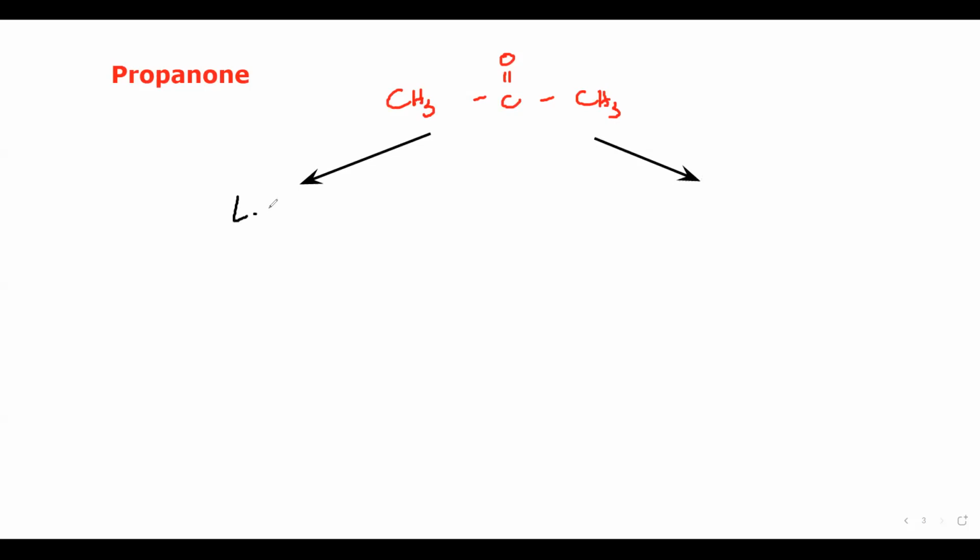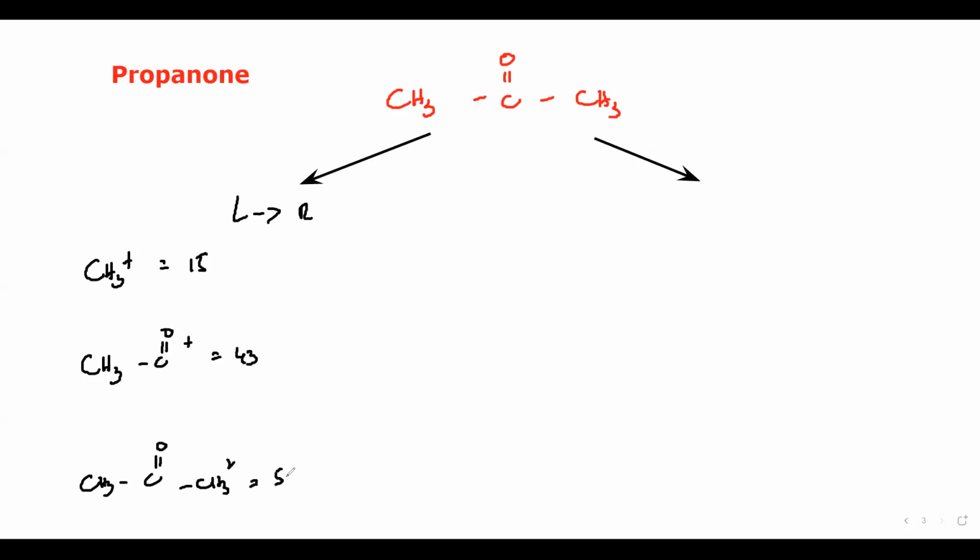So when you break from left to right, left side we have CH3, then we have CH3, C double bonded with O, and then CH3, C double bonded with O and CH3. So we'll get a peak at 15, 15 plus 12, so that is 27, and 27 plus 16, so that is 43. So we'll get 43 and this will be 58.